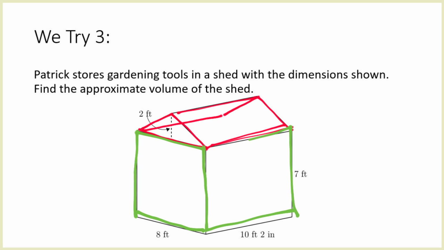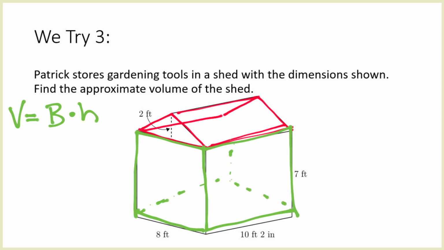So what I'm going to do is find the volume of each shape, and I'll add them together. Let's start with the rectangular prism. It's going to be the base times the height.